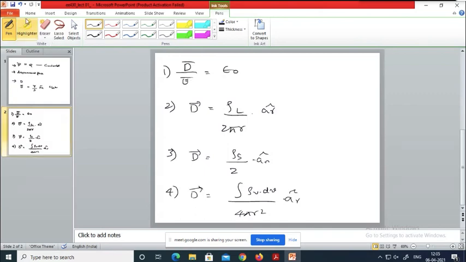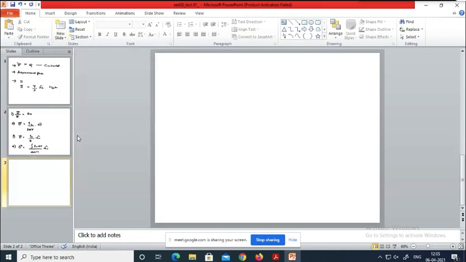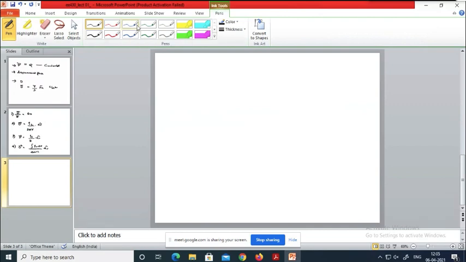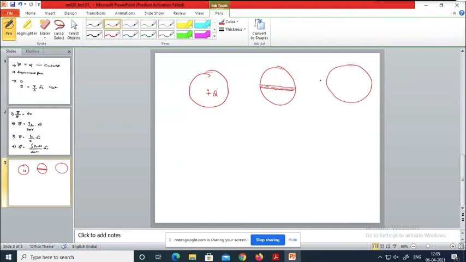Now we shall move on to one more concept. Okay. So just check out here. I am having a closed surface like this, and having a charge like this, q, and I'm having the same closed surface, and I'm having a charge like this, and again the same closed surface.